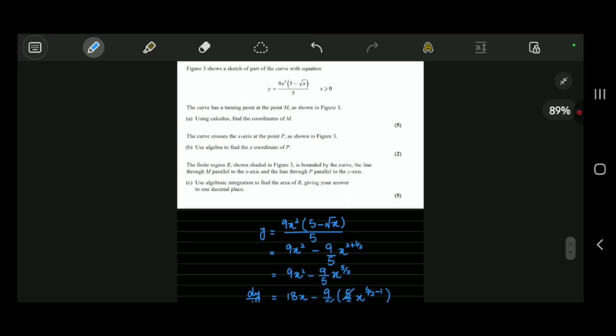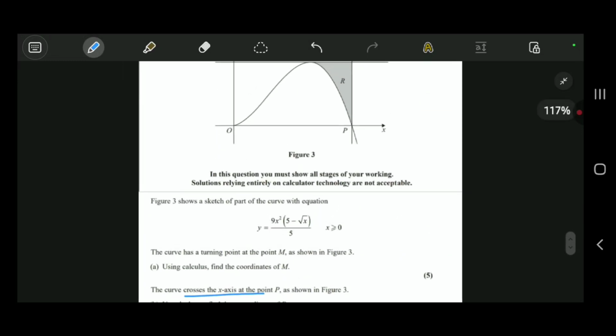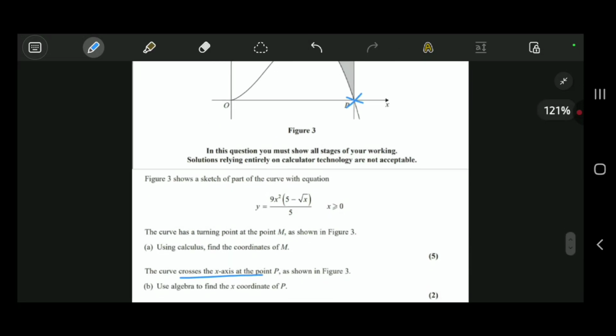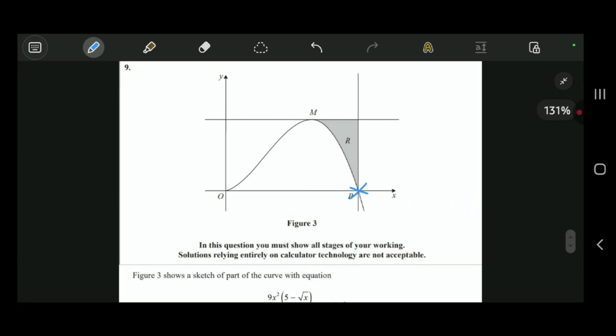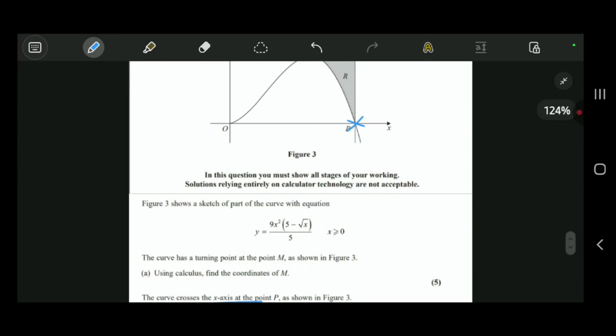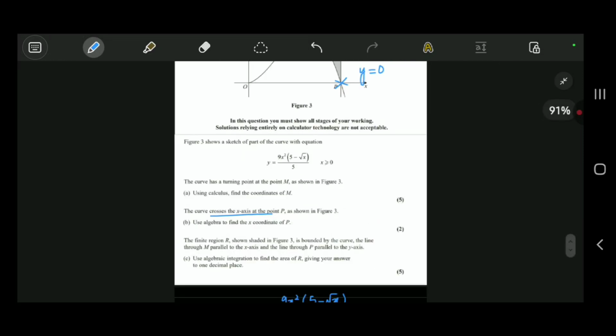Okay, this is it. Now the curve crosses the x-axis at point P here. Then use algebra to find the x coordinate. So when the curve passes through the x-axis, y is 0, so let's put y equals 0 in the equation so as to get your x coordinate.